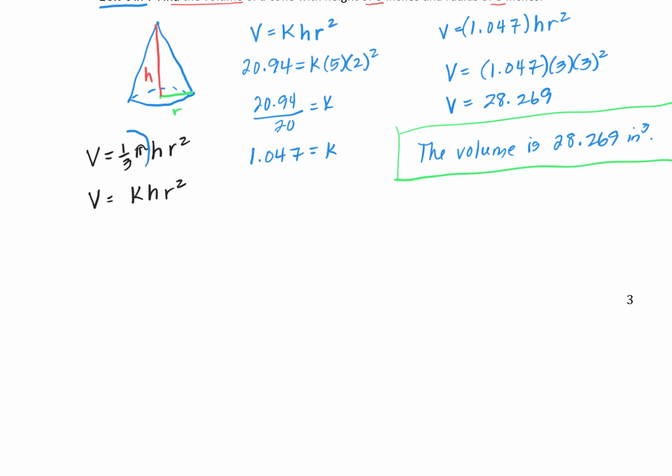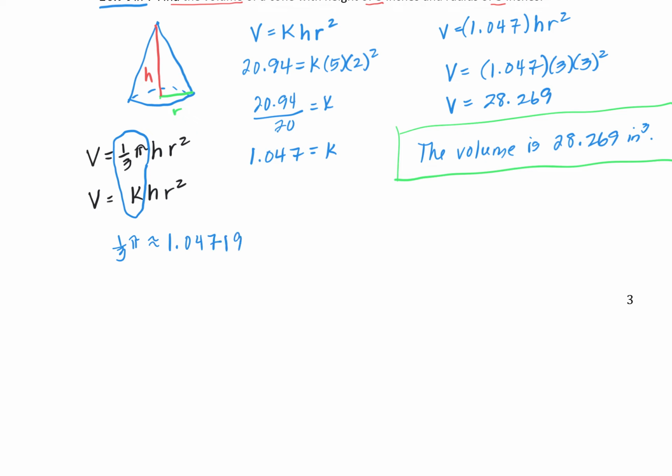So it must be true that 1/3 pi is K. Now, if you put 1/3 pi or pi over 3 into a calculator, you get approximately 1.04719.